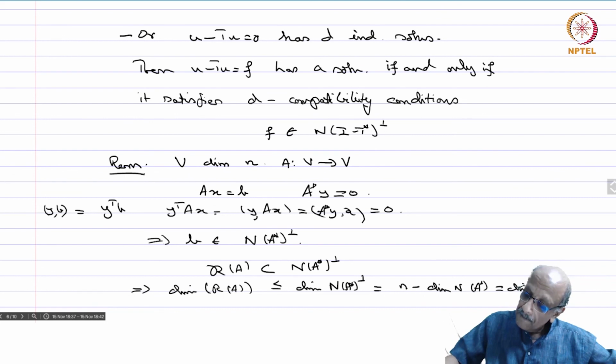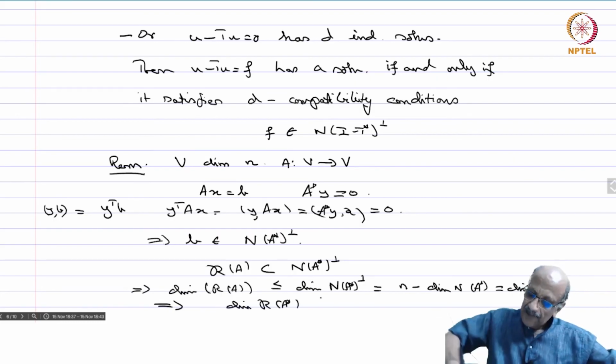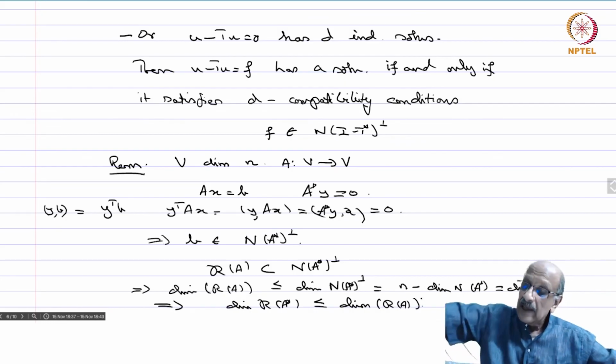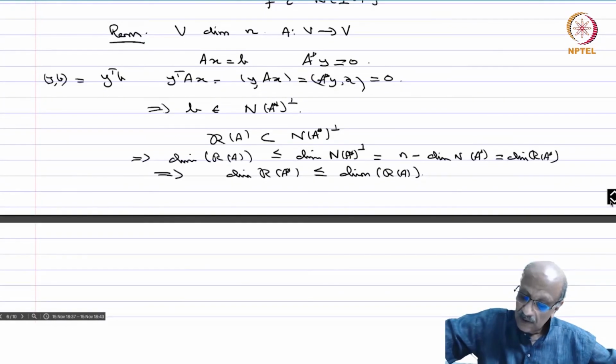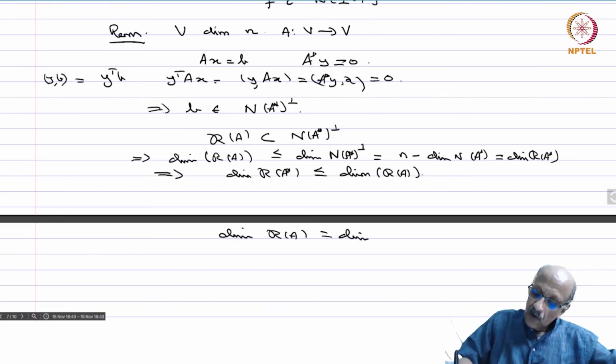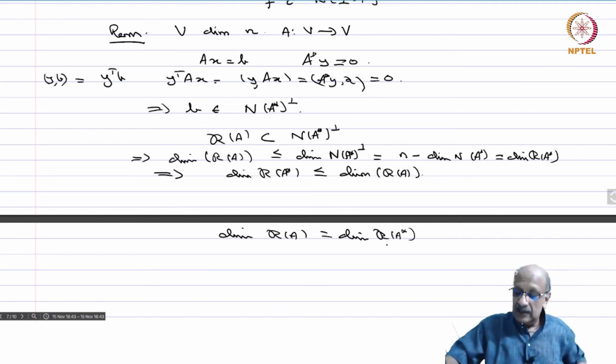So dim range of A is less than or equal to dim range of A*, and if you apply it to A* now, dim range of A* is less than or equal to dim range of A**, but that's the same as range of A, since A** is the same as A. Consequently, the dimension of the range of A equals the dimension of the range of A*, and this is saying the row rank is the same as column rank in the real case.